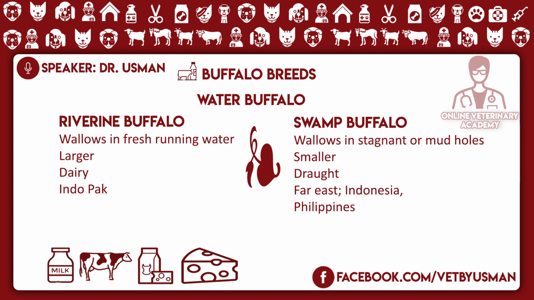Riverine buffaloes are larger in their skeleton and body structure, but the swamp buffaloes are smaller. Riverine buffalo are used for dairy purposes, and as I said, the swamp buffaloes are used for draft purposes. The home tract of riverine buffalo is usually Indo-Pak and the Asian countries, and swamp buffaloes are in other countries of Asia like Indonesia, the Philippines and the Far East.